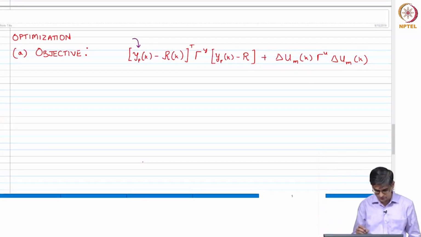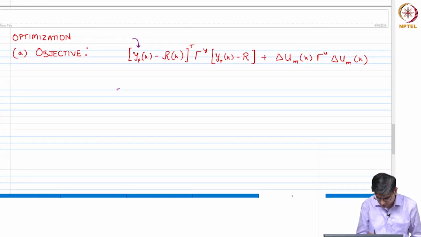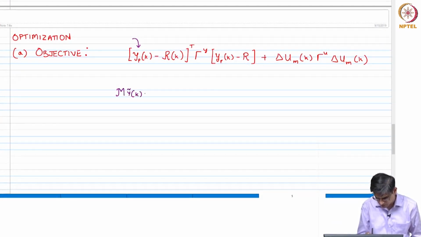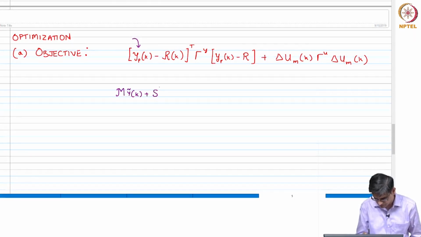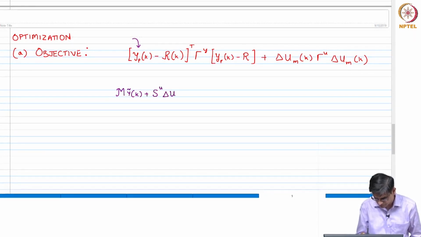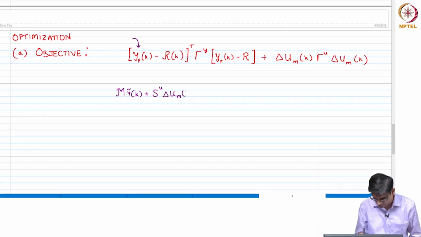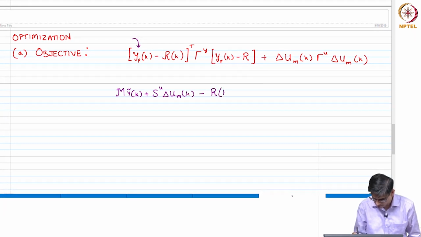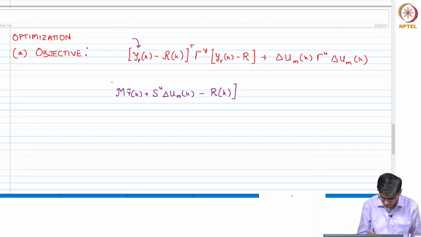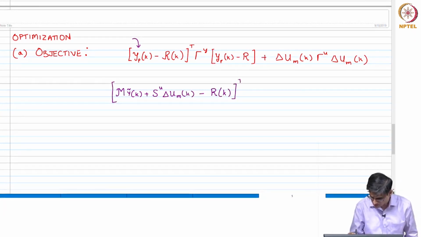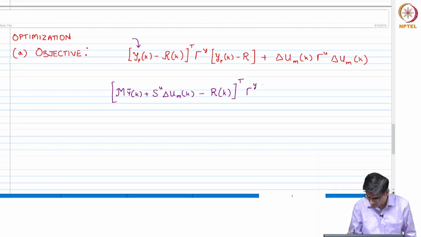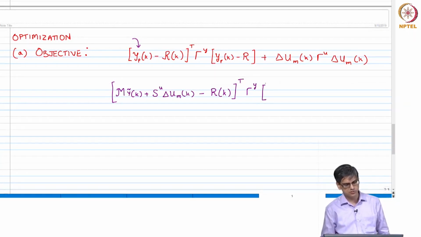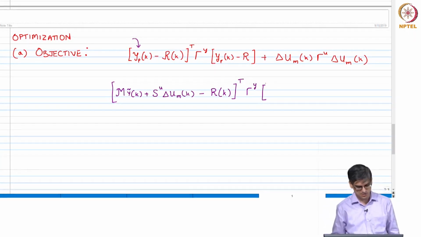This is what we are going to get. I will just, for simplicity, remove those brackets and subscripts.